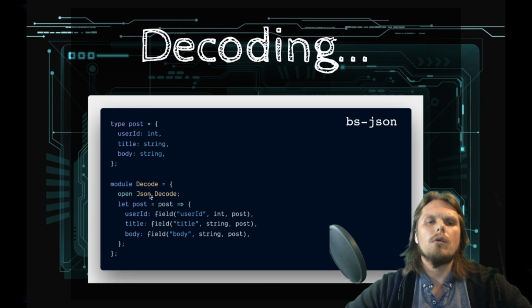Our decode model basically looks like this. We open JSON decode, we have our post, and we have all these helper functions to find this field on post and assume that it's an integer and map it to the actual post.